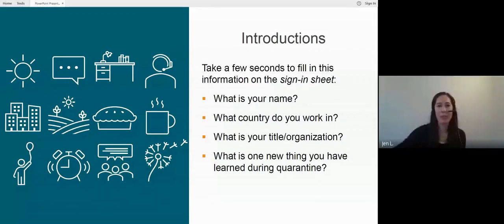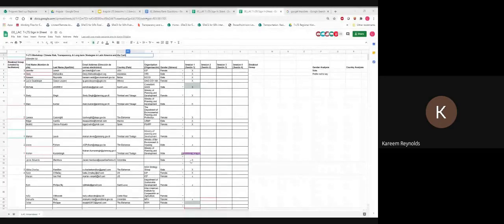Great, I think we have Kareem next. Hi, good day, everybody. My name is Kareem Reynolds, and I'm representing the country of Belize. I work with the National Climate Change Office of the country now. So most of my work just includes, I guess, doing overall both adaptation and climate change mitigation actions that we do under the office.